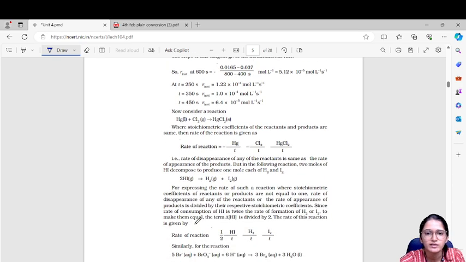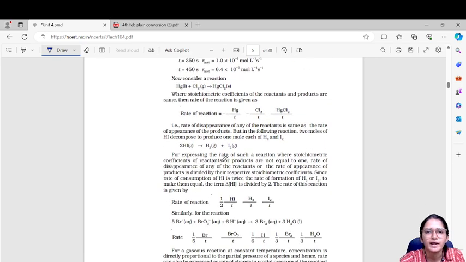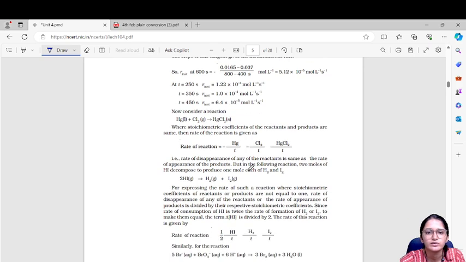Next important thing, now let us apply what we discussed already to one of the reactions. Here there is a reaction in which mercury and chlorine are treated to give mercury chloride. Mercury and chlorine are the reactants, and mercury chloride is the product. So how to write the rate of reaction here?